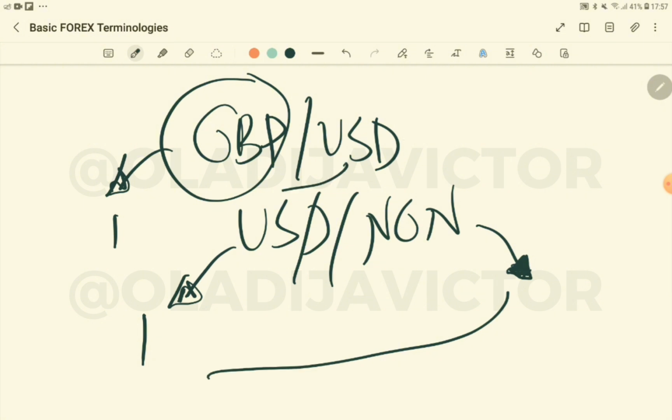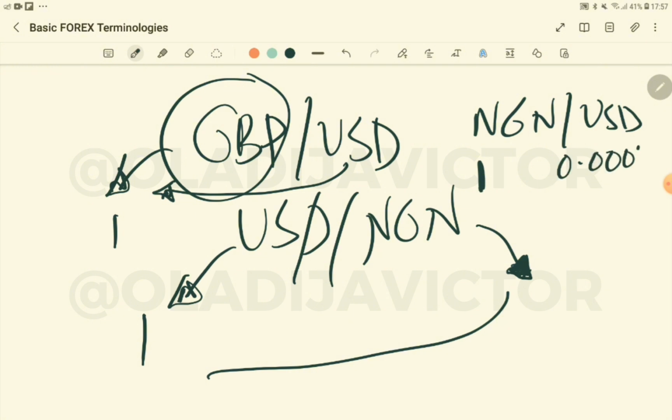So you can also even see NGN USD. It means for every 1 naira, how much USD can you buy? Maybe 0.0000, whatever it is. So the base is always 1, and then the quote is how much of this do you need to buy the base.